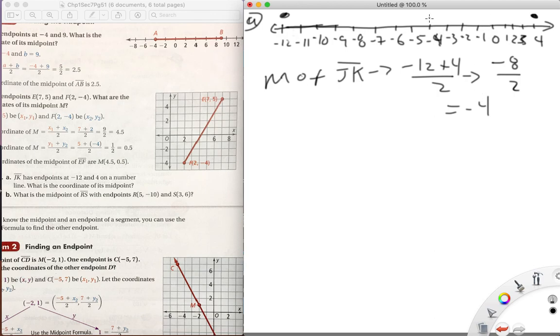So it would be -4. Now granted, my number line is not to scale, but if we were to count the distances, 1, 2, 3, 4, 5, 6, 7, 8. 1, 2, 3, 4, 5, 6, 7, 8. So the distance from here to here is 8, and the distance from here to here is 8. Again, my number line is not to scale. So the midpoint would be -4.